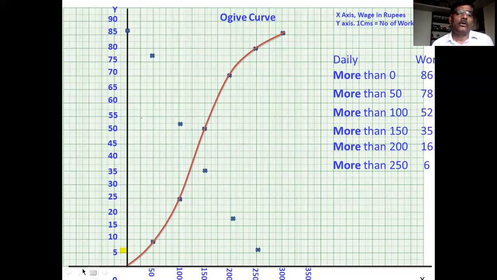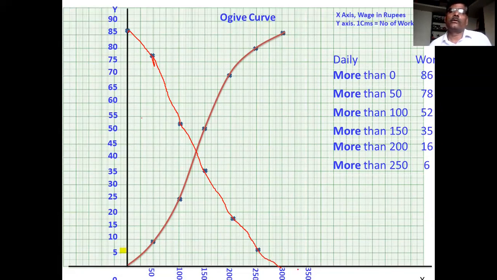And I'll draw the curve. By hand, I'll show the curve first. From the 0 point, I'll start like this. Draw the curve. We must reach 300, the maximum.